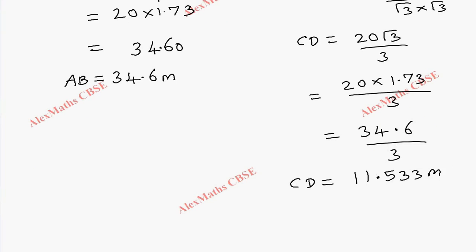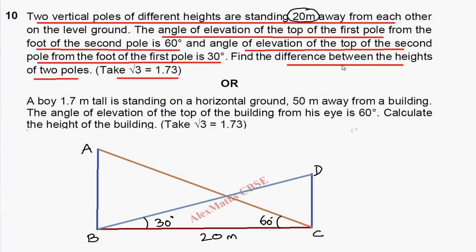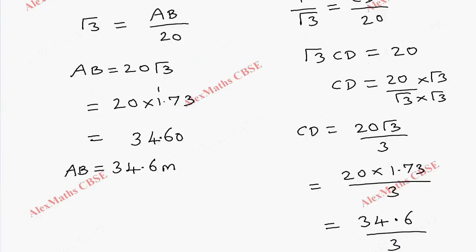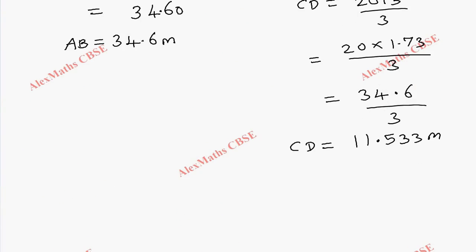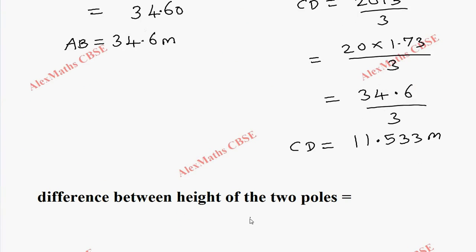Now as per the question, we have to find the difference between the height of the two poles. So the difference between the height of the two poles is, we are going to subtract, that is AB minus CD.